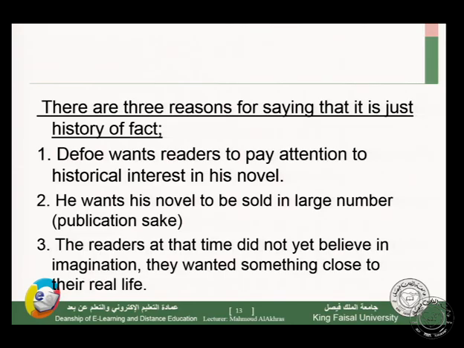Another reason, or the third reason, the readers at that time didn't yet believe in imagination. So they have something about the topics of writings in general at that time. They wanted something close to their real life. So Crusoe says that in order to approach the readers more.